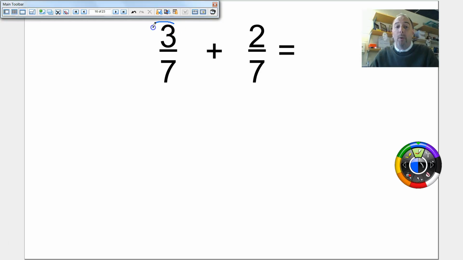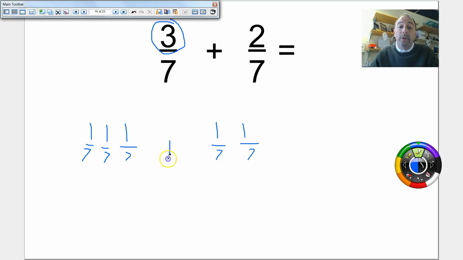How many pieces? However many our numerator tells us. So I have 1, 2, 3 sevenths. And forgive me, I'm writing with the mouse here. It might be a slight messy. And then over here, I have 2 sevenths. Okay, so now what do I do?